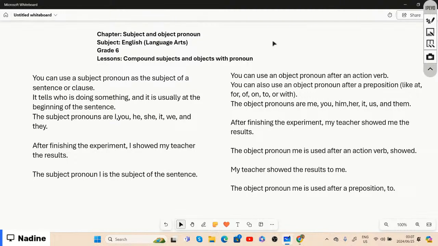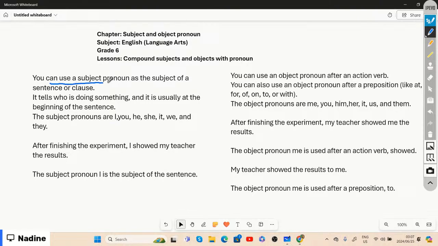But firstly, we're going to look at a subject pronoun. We can use a subject pronoun as a subject of a sentence or a subject of a clause.